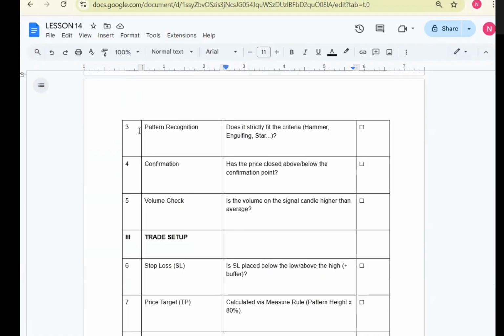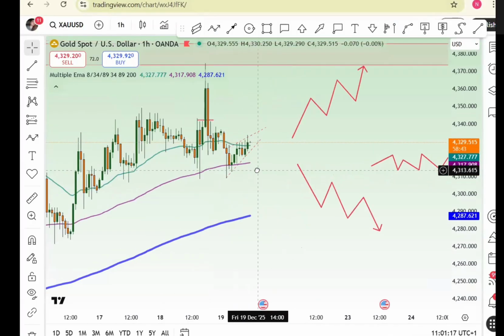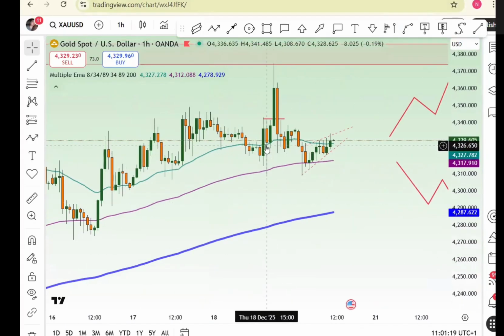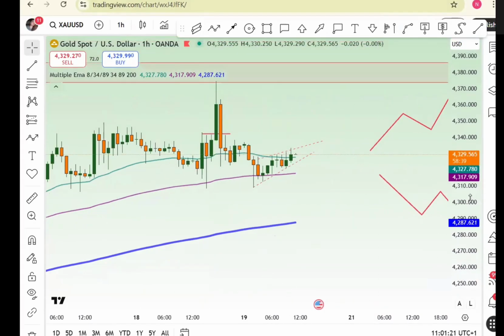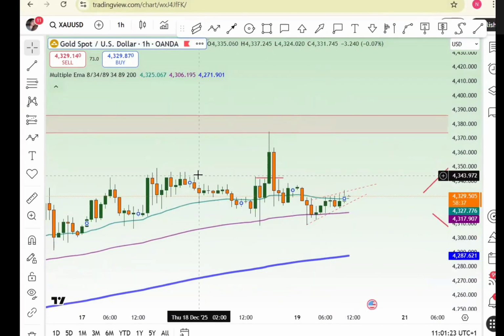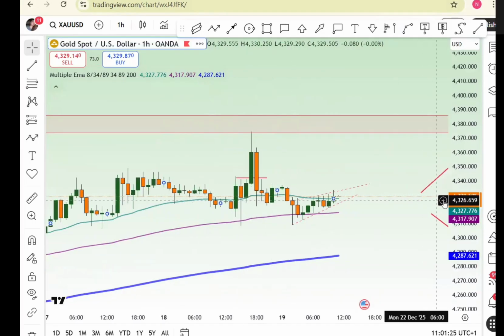The first one relates to pattern recognition: does it strictly fit the criteria like hammer or engulfing or star, morning star, evening star? That's why we need to wait for the pattern to be finally established on our trading chart.